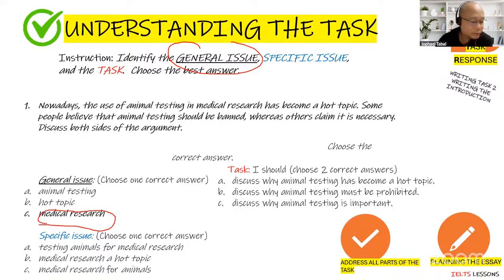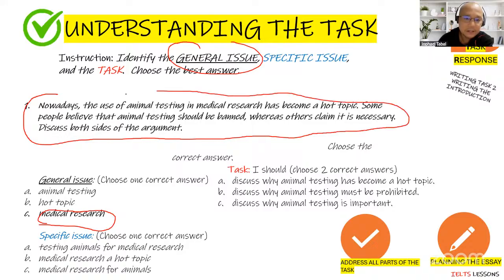Now, some students, even at the advanced level, understood this question as animal testing. If they do this, they would probably be talking about animal testing, so it wouldn't give a strong logic to their introduction.